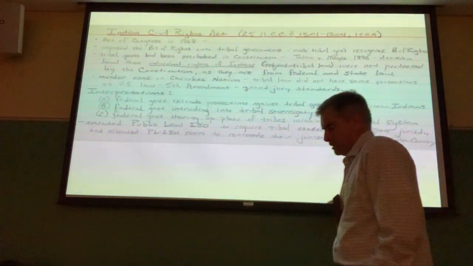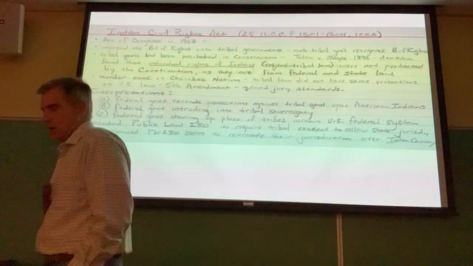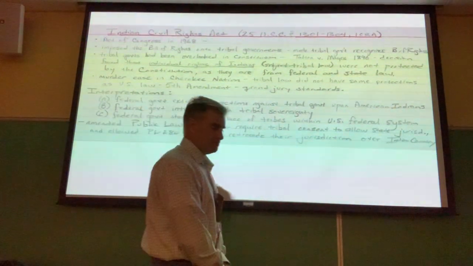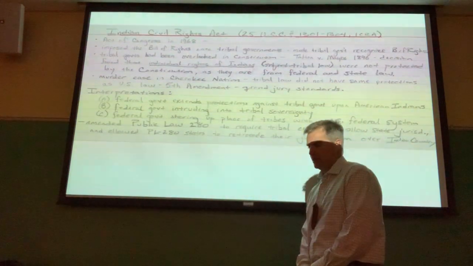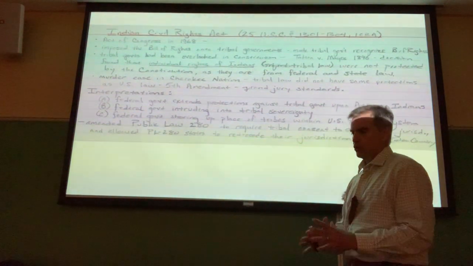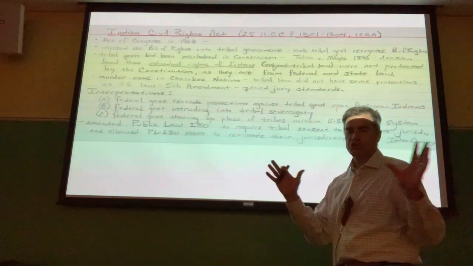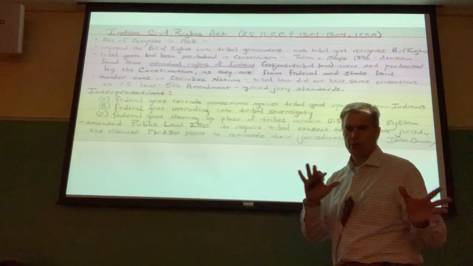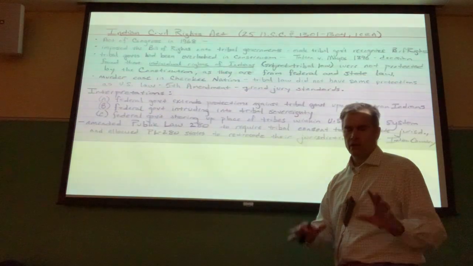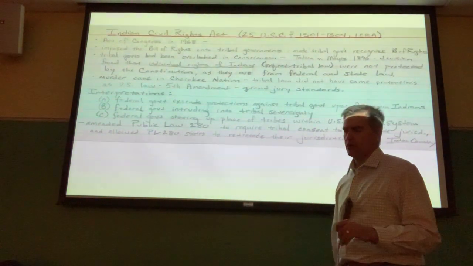Here's one we haven't talked about: the Indian Civil Rights Act. And this, as you might guess, comes about in the 1960s. 1968, we're heading toward a new era. This is the last year of the termination relocation era, or the sort of civil rights era.